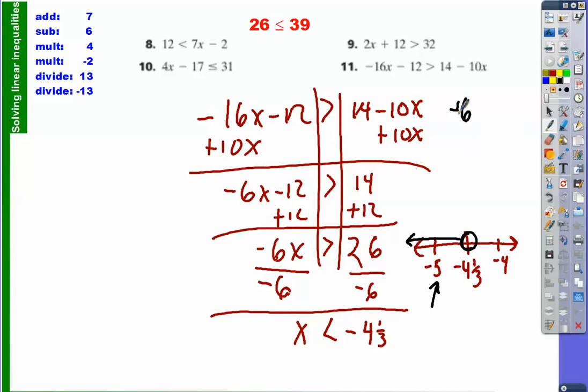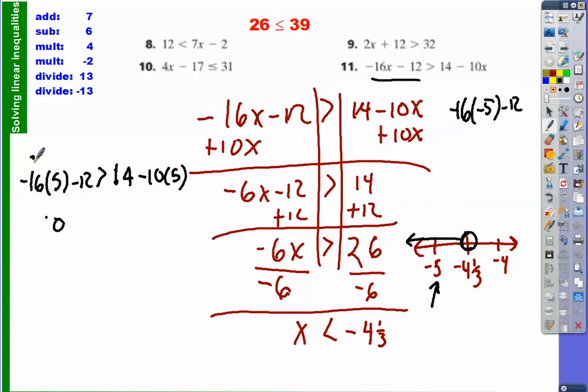I'm going to take this and plug it in and see what I get. So I have negative 16 times negative 5 minus 12, is greater than 14 minus 10 times negative 5. I got 36, so is that a true statement?